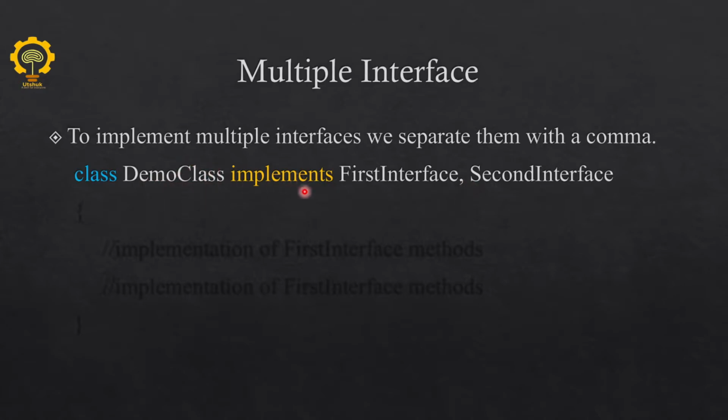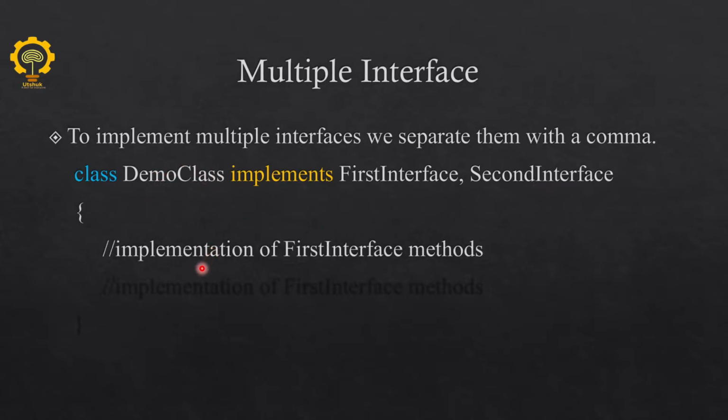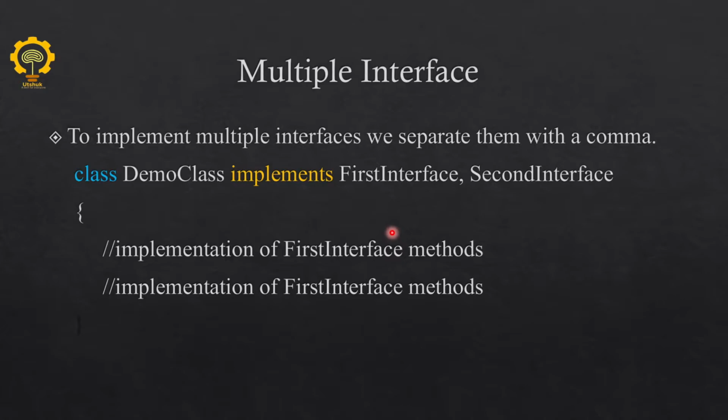So demo class implements first interface, comma, second interface, and this class must override and implement all the methods that are defined inside the first interface and second interface. So this is the concept of multiple interfaces.